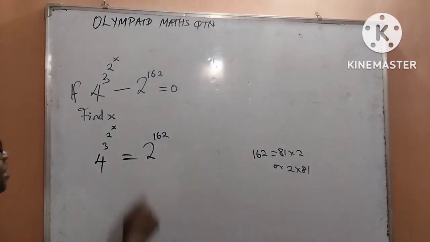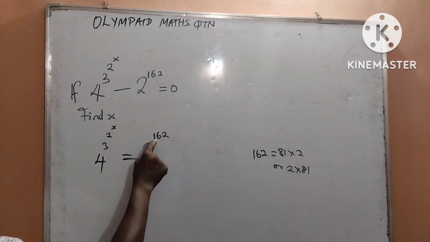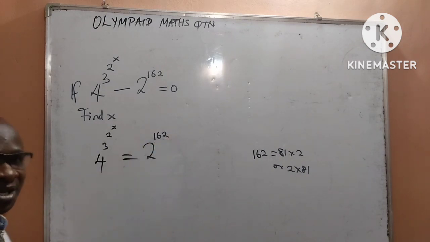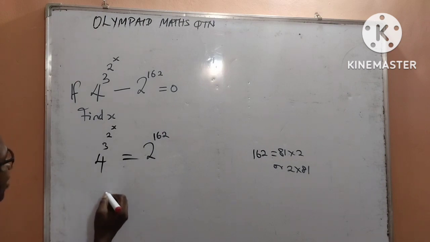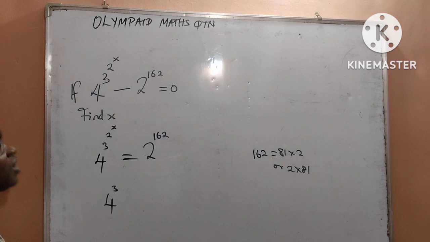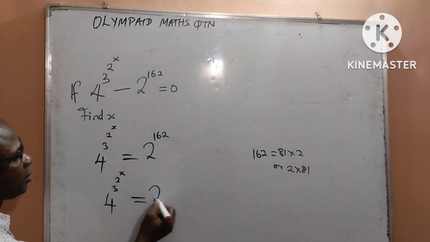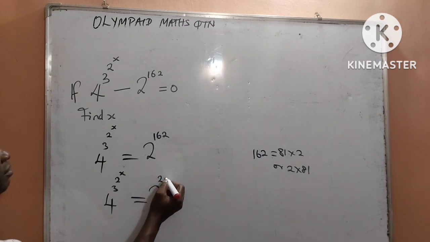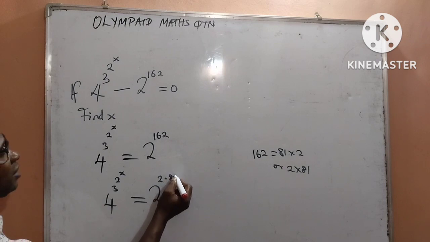So I shall write 2 to the power of 162 as 2 to the power of 2 times 81. It therefore implies that 4 to the power of 3 to the power of 2 to the power of x is equal to 2 to the power of 2 multiplied by 81.